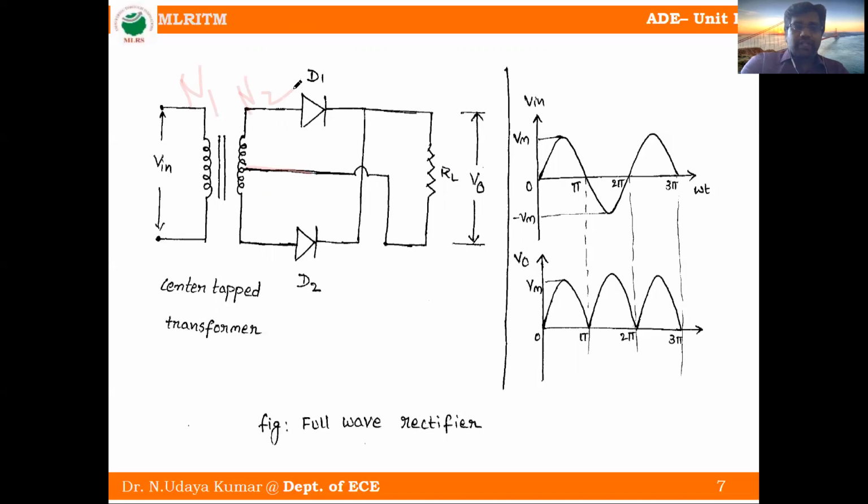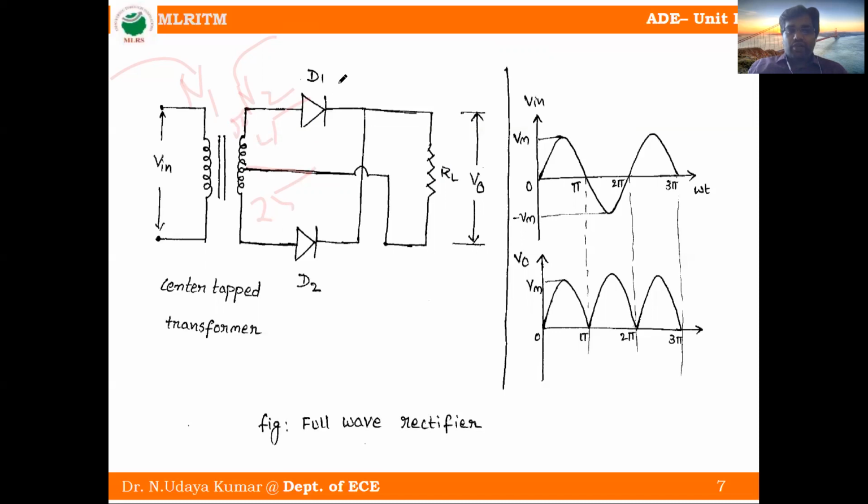This is the primary side and this one is the secondary side. The secondary side voltage is divided into two halves. For example, if the secondary voltage is 50, then here 25 volts and here 25 volts. That is the meaning of center tapped.